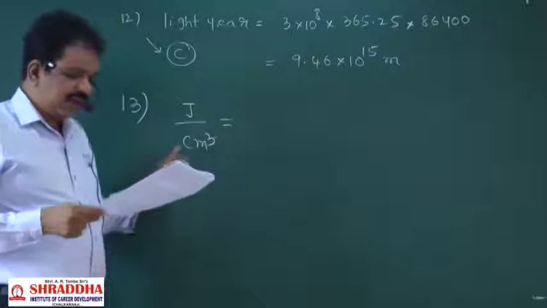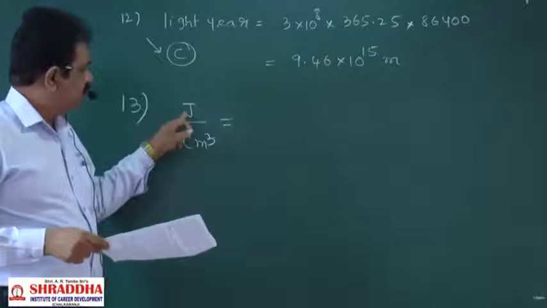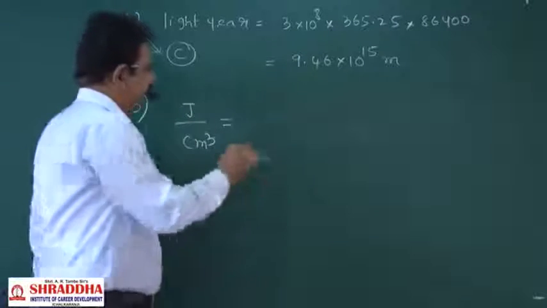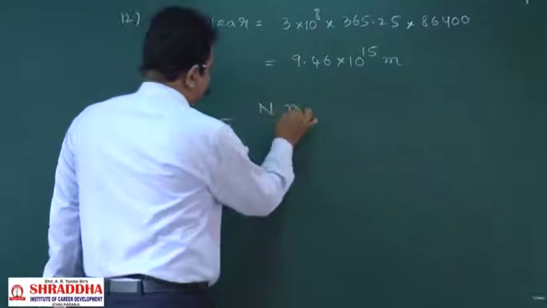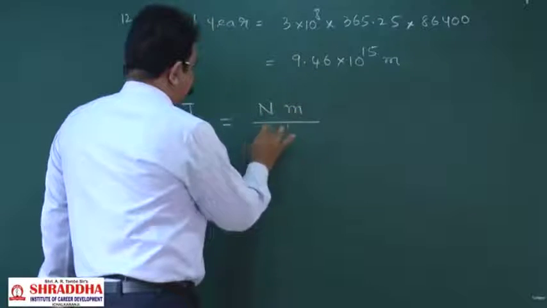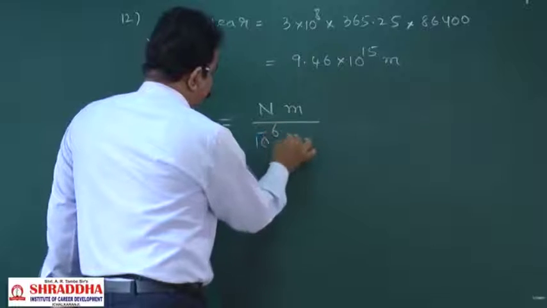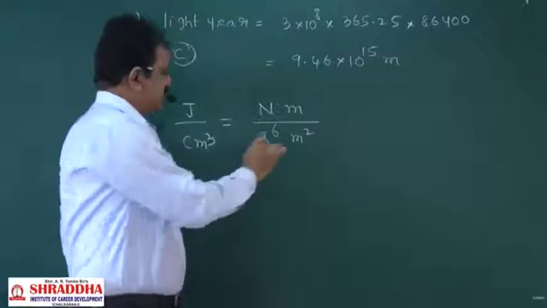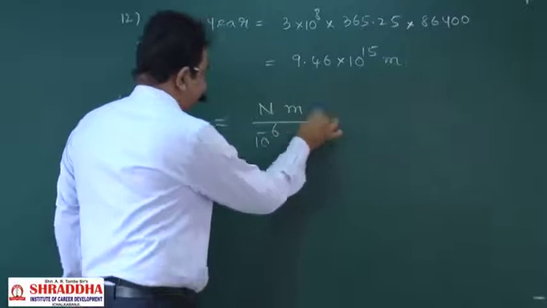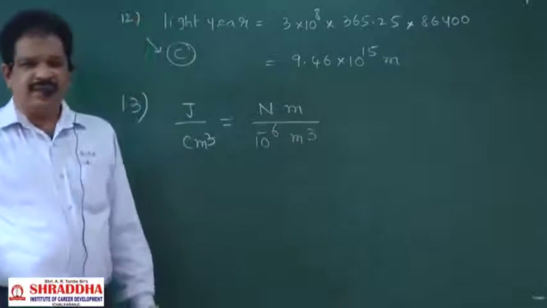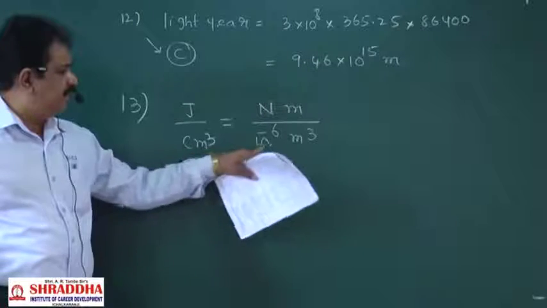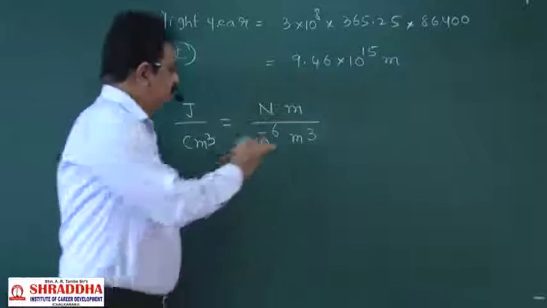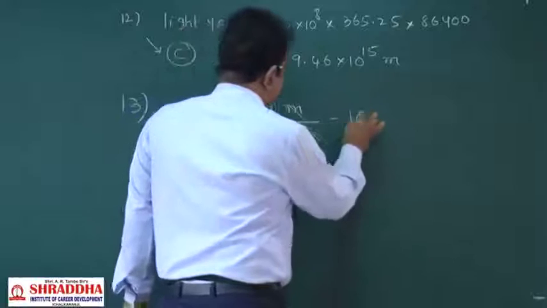Here, joule we can write as Newton meter. This value we can write as 10 power minus 6 Newton meter per meter cube, since we converted centimeter cube into meter cube. So meter will cancel.